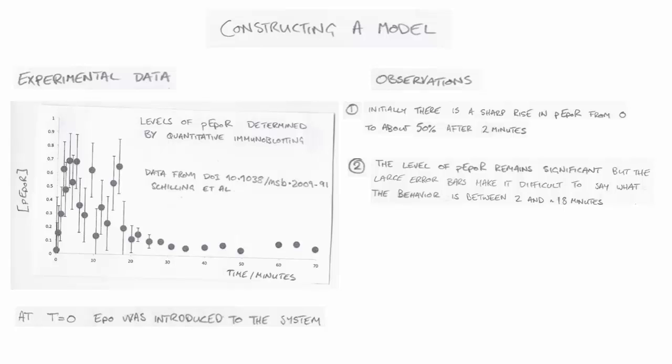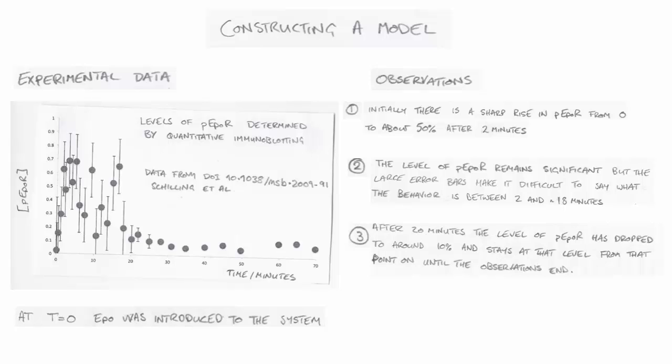It's hard to say whether it's starting to fall or it's constant, but after about 20 minutes that level has dropped down to about 10%, and it remains at that level for the rest of the experimental reading, up to about 70 minutes at least.